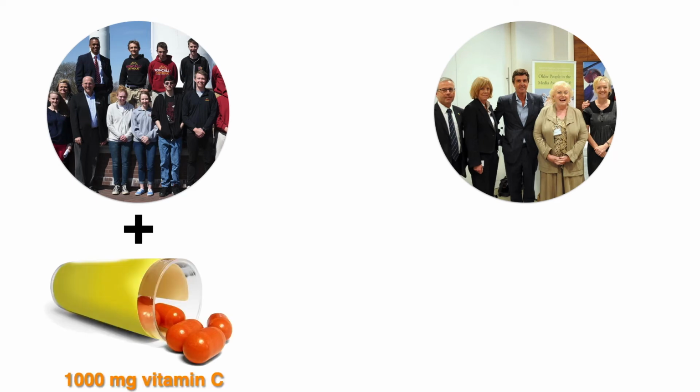Using our vitamin C example, if instead of randomizing people, we put mostly young, generally healthy people in one group and mostly older, less healthy people in another group, and we gave vitamin C to the younger, healthier group, if we observed a faster average recovery from flu in the vitamin C group, we wouldn't know if it was because of vitamin C or because younger, healthier people recover faster. Or if we found that the vitamin C group had a slower average recovery time, we couldn't be confident that the vitamin C was harmful, as it may be that the younger, healthy people only get sick from worse flu strains.